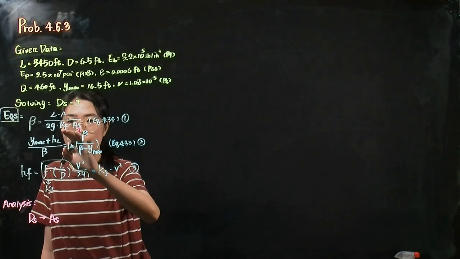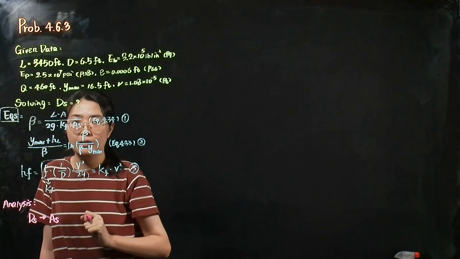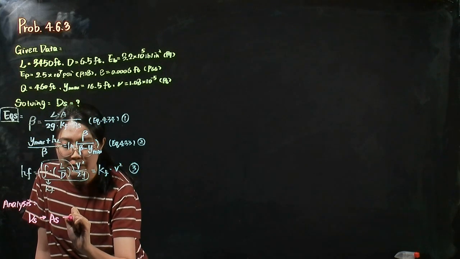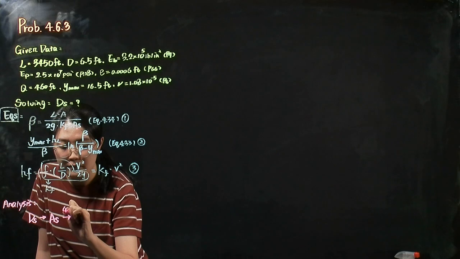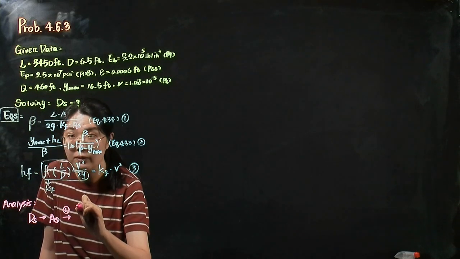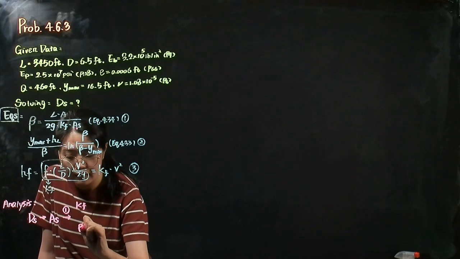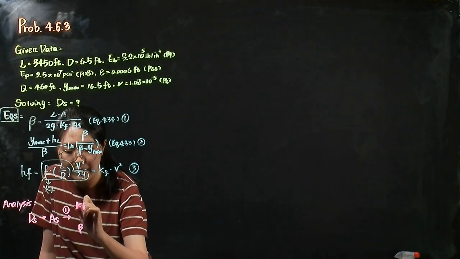We do not know K sub F and the damping factor beta. So, to solve for the area of the surge tank, we need to know the value of K sub F and the damping factor.